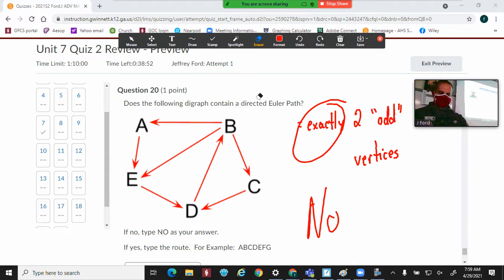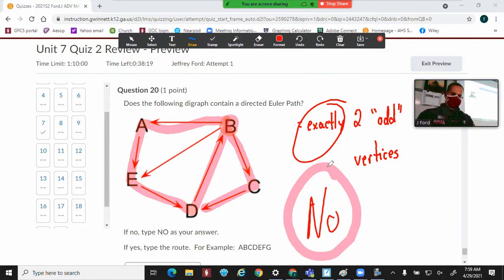Let's just say I started with B. Here, A, oh, I got stuck. So just guessing and checking, I don't think I'm doing it right. Let's see if I went here, here. I'm stuck. I think we pretty much get my point here. Let's see if I do this. Swing it around the horn. No, I get stuck again. So yeah, no.